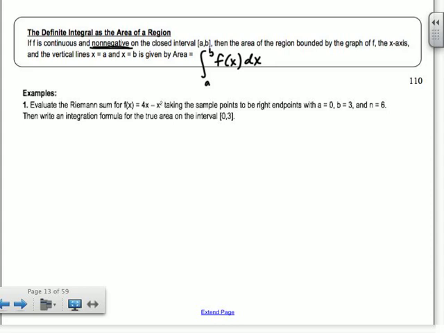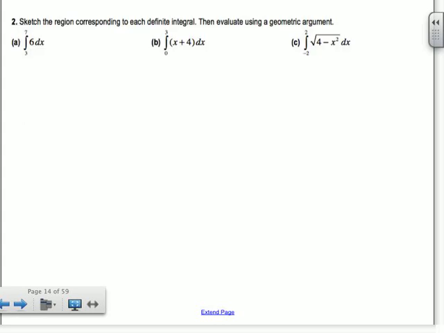Okay, so sketch the region corresponding to each definite integral, then evaluate using a geometric argument. So basically we're going to look at the picture and figure out the area. It will be pretty easy. So this first one, 6 is my function. That's the same as y equals 6, right?